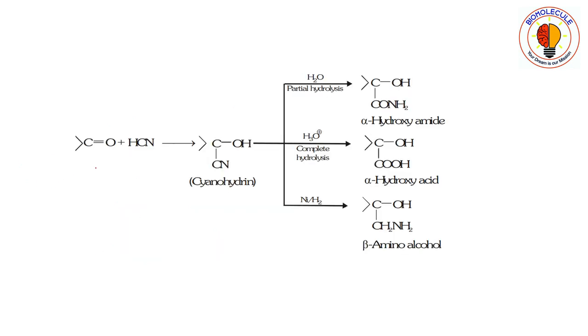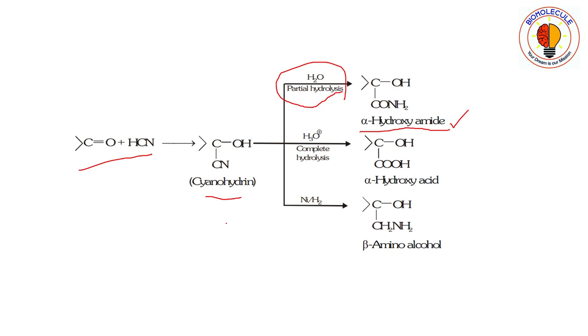now the carbonyl compound, if you treat it with hydrogen cyanide, will form a cyanohydrin. So here you see that if you partially hydrolyze this one, we will get alpha hydroxyamide. Okay, we will add a stoichiometric amount of water. We have to maintain some ratio according to our reaction conditions, and we'll add water maintaining that ratio.